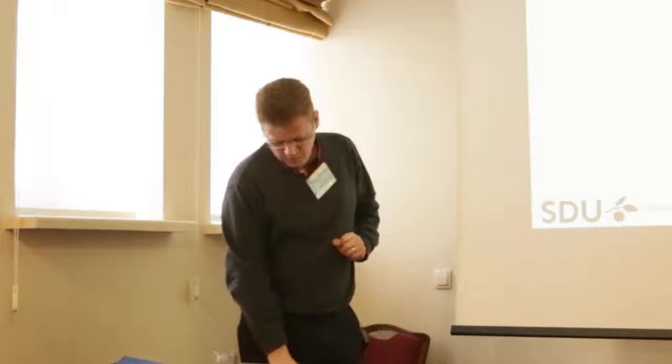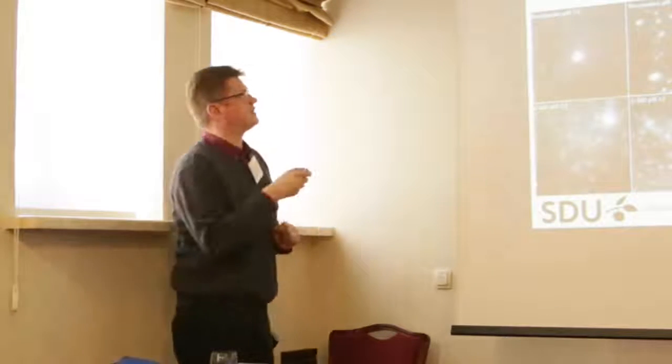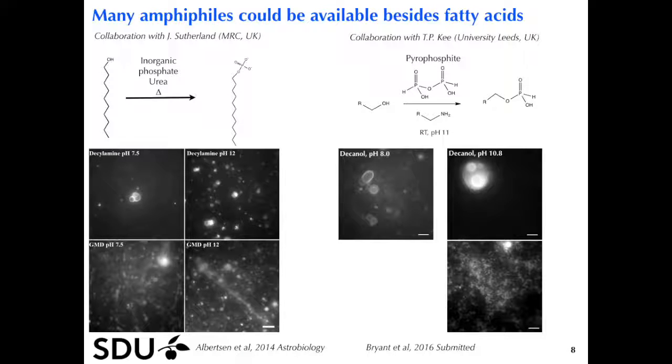Well, we can see with new amphiphiles that we synthesized with John Sutherland and Terence Kee in England that, for example, the acyl phosphate and the acyl phosphonate in this case are amphiphiles, but alone they will not form any structure. They need what we call a co-surfactant.